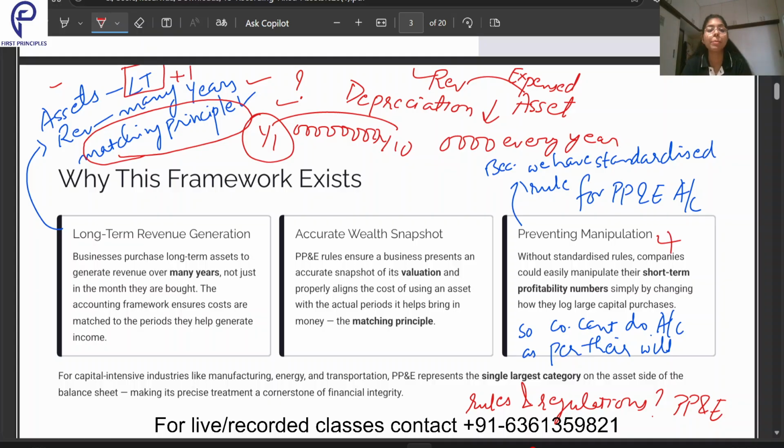The people who are preparing the books of accounts cannot show this particular asset at whatever value they want, because we already have these standardized rules.